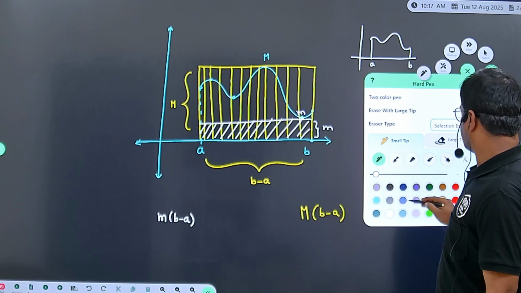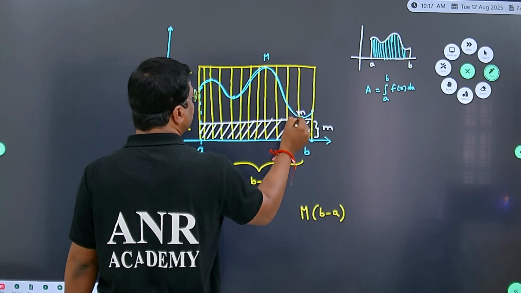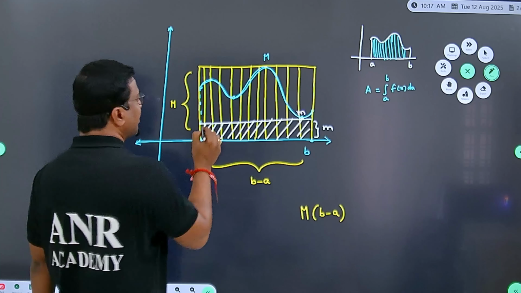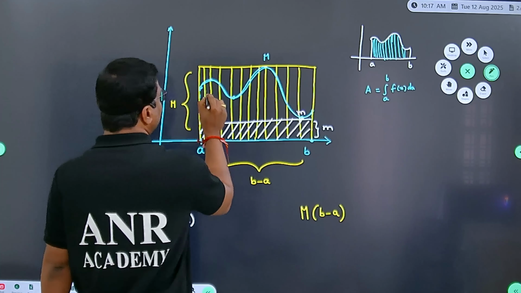The same I am going to apply here. This is the given function which is defined in the closed boundary a to b. Now I am going to find the area under this curve, this portion.